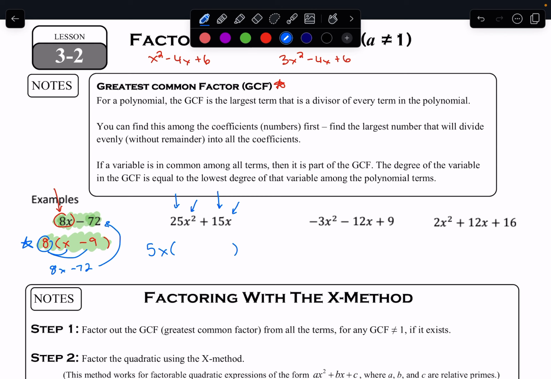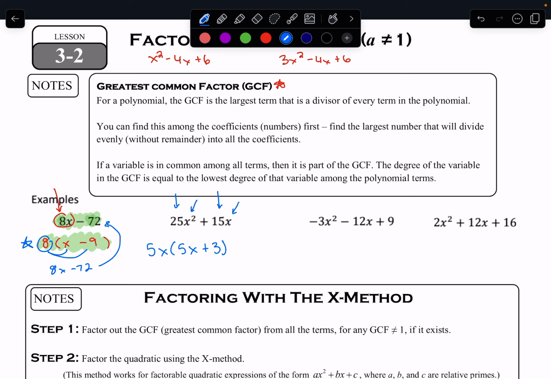So now when I divide, 25 divided by 5 is 5. X squared, if I divide one of the x's away, I'm just left with x. Plus 15 divided by 5 is 3. And if I pull an x out, there's no x left. So that would be my final factoring. So 5x times 5x plus 3.